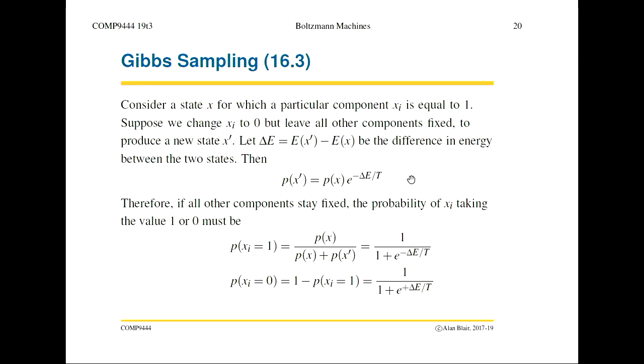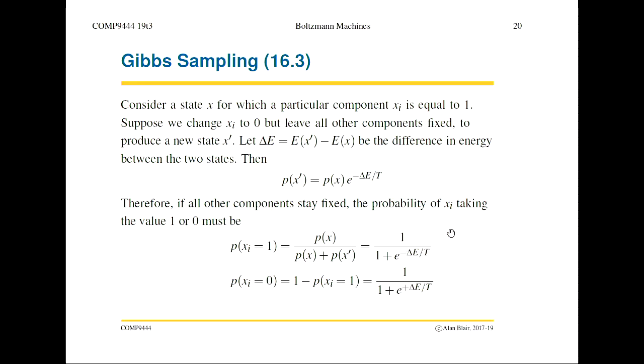And this is equal to 1 over 1 plus e to the minus delta E over T, right? So that's the probability that it will stay equal to 1, and the probability of it switching to 0 must be 1 minus that, which is this value here.